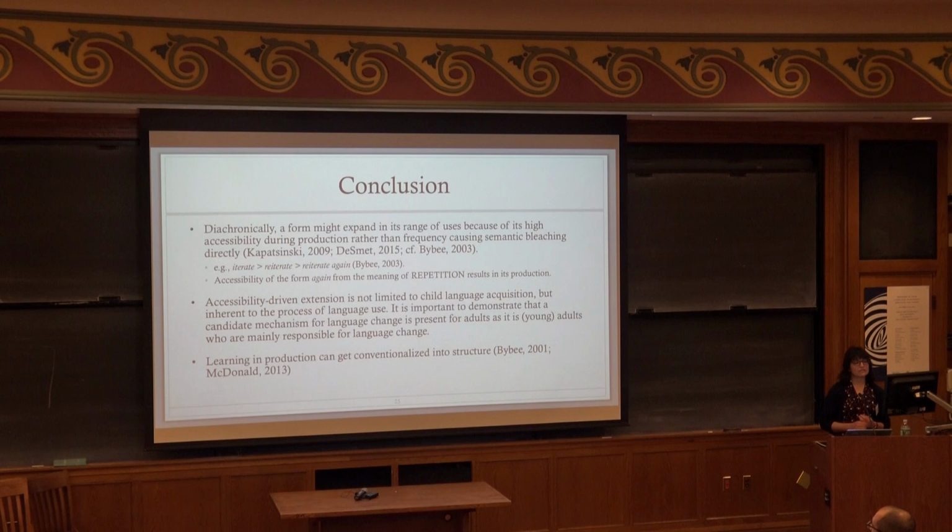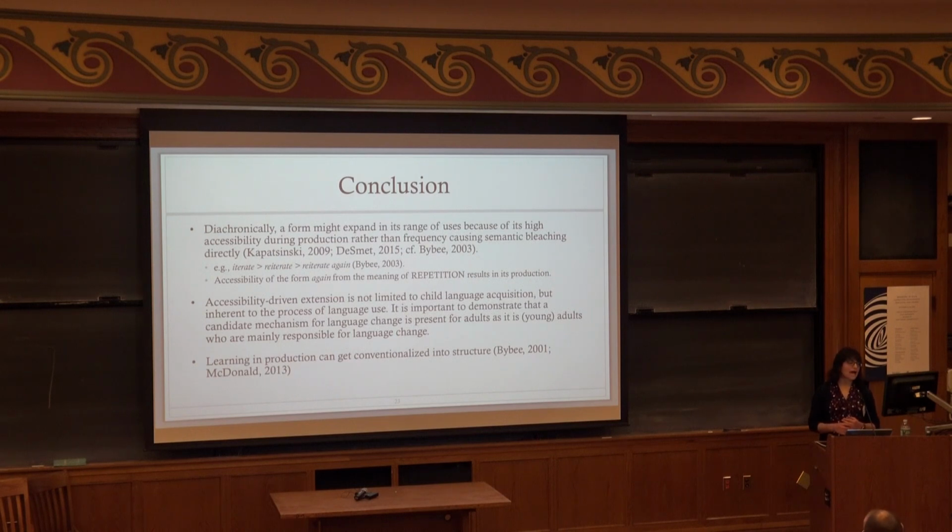Her account is that reiterate is bleached of its meanings, and the explanation is based on habituation. The form fails to get to the meaning that it's supposed to convey due to high frequency. It has been heard many times, so the listener is habituated to it, and it doesn't have the same effect.